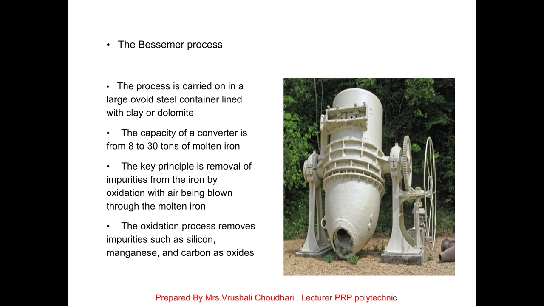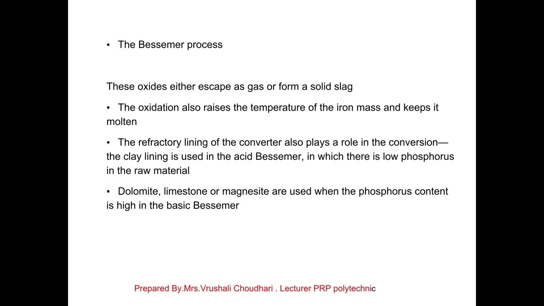the molten iron. The oxidation process removes impurities such as silicon, manganese and carbon as oxides. These oxides either escape as gas or form solid slag. The oxidation also raises the temperature of the iron mass and keeps it molten.